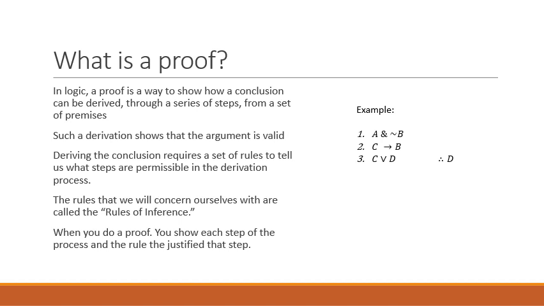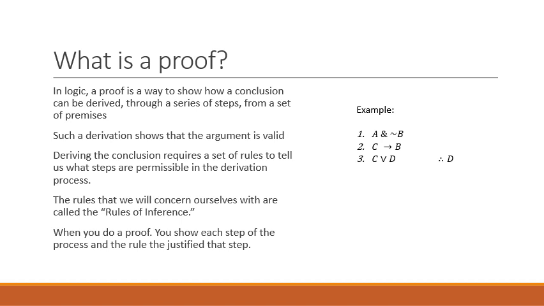And on the right, next to the three dots, which is the therefore symbol, you see a D, and in this case, that is our conclusion. So the D is the thing that we're going to try to derive. If we can get to D, we will have shown that D is derivable from this set of premises, and therefore this argument is valid.